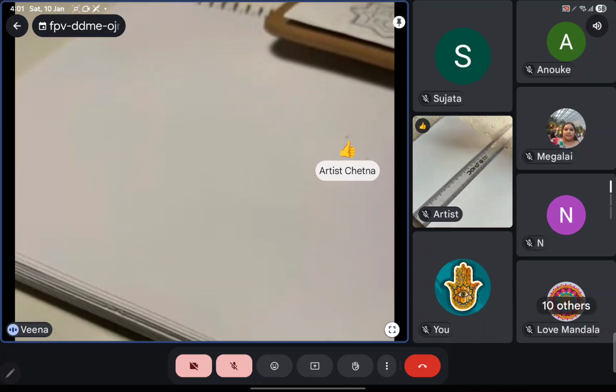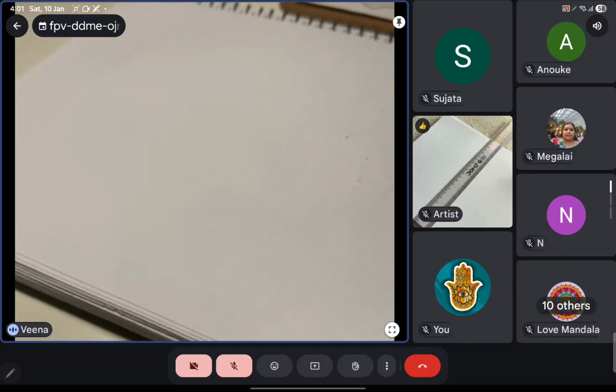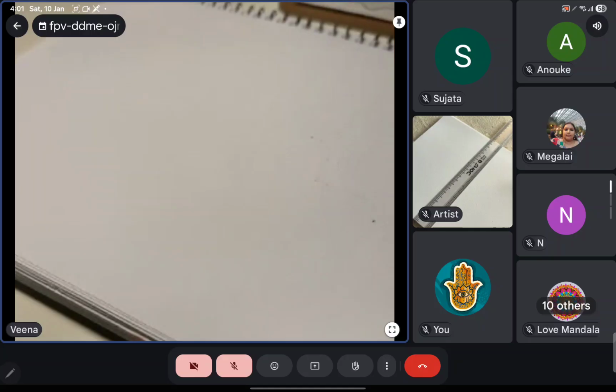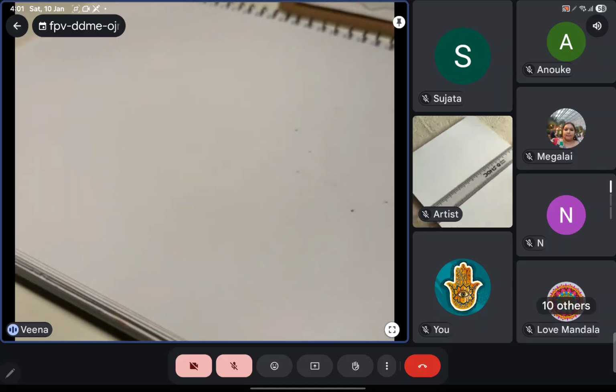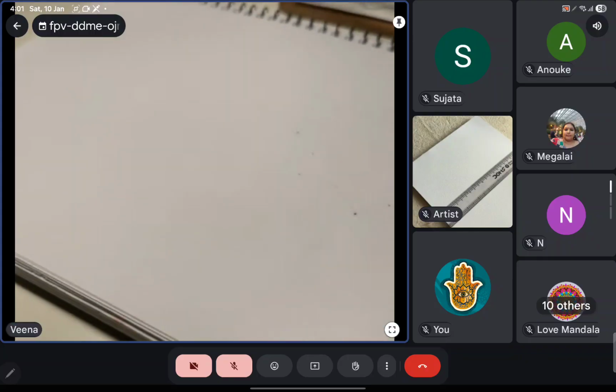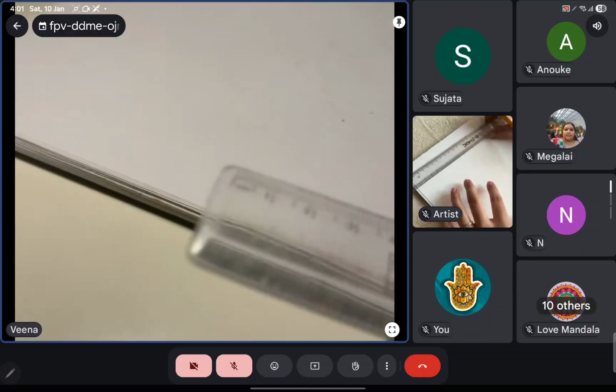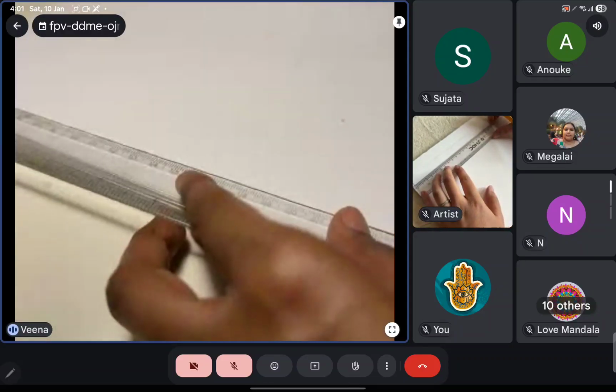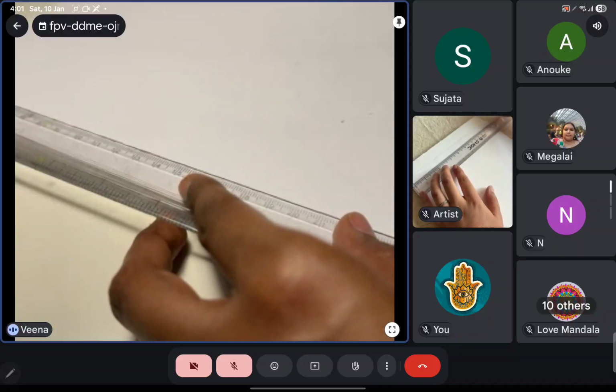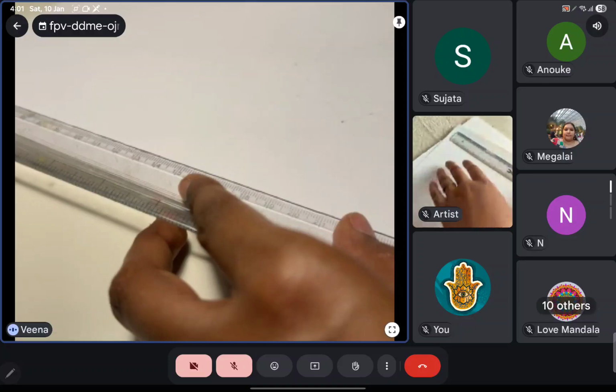Now we're going to take our 30 centimeter scale and start off by taking offsets. We're going to mark 2.5 centimeter on either side. The paper measurement will be 29.7, something like that.